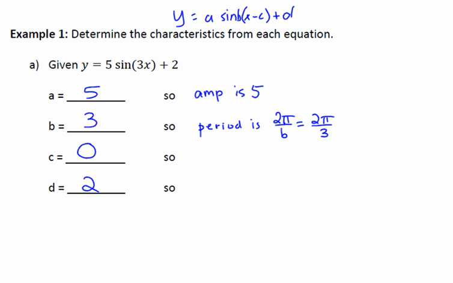Okay, C is 0. What does C tell us? Left or right? So we have no horizontal translation. In the future, I'm going to write just HT, horizontal translation.